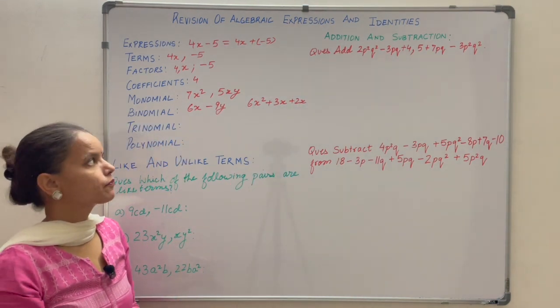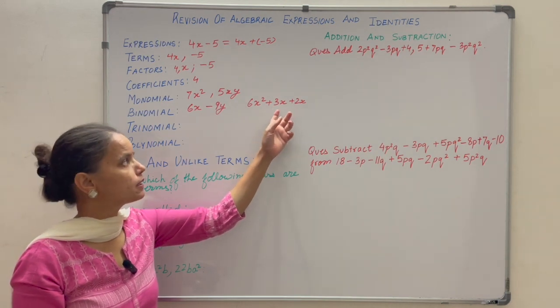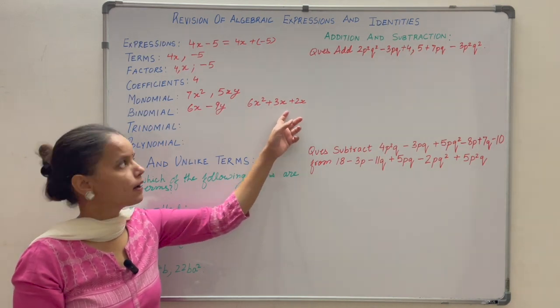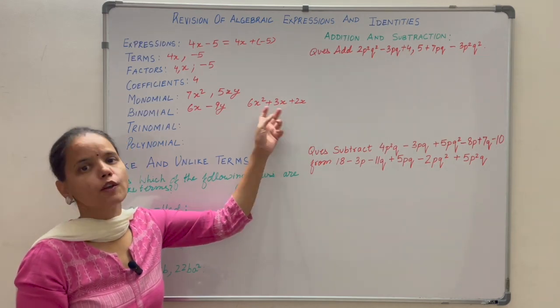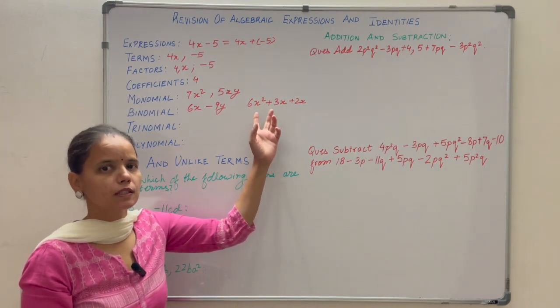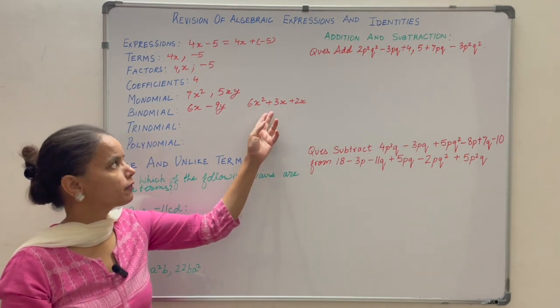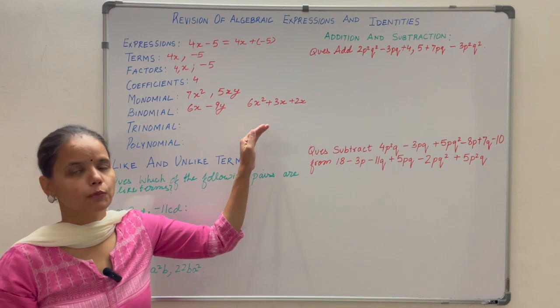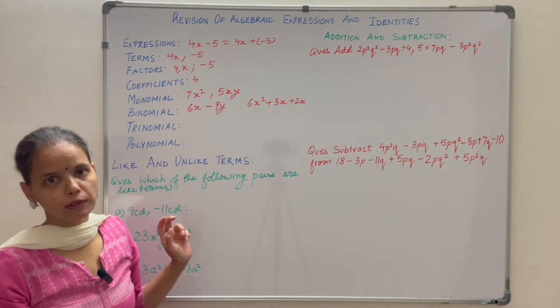It looks like there are three terms, but these two terms you can add and rewrite this expression as 6x square plus 5x. So this is a binomial because it has two terms. If you find any like terms, you can simplify them and then decide whether it is a monomial, binomial or trinomial.